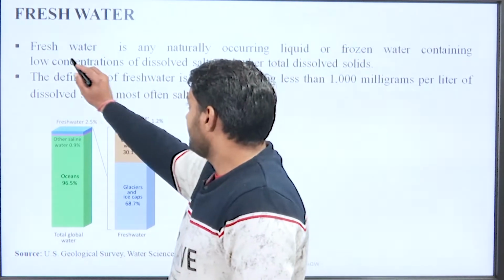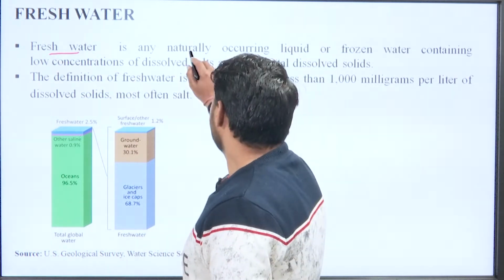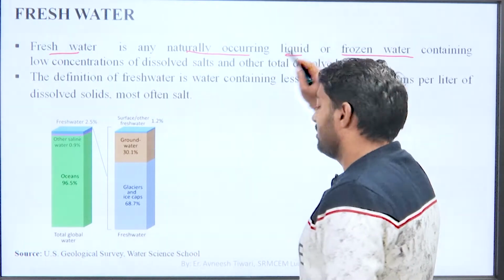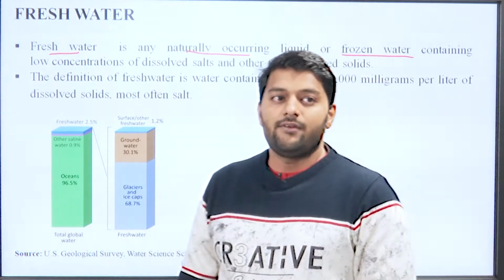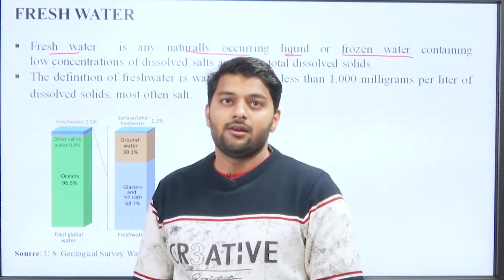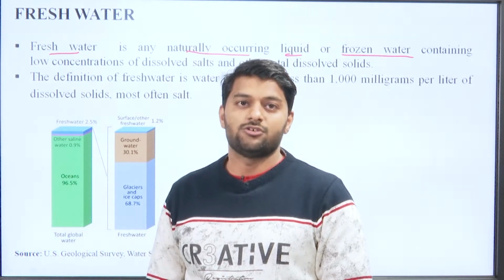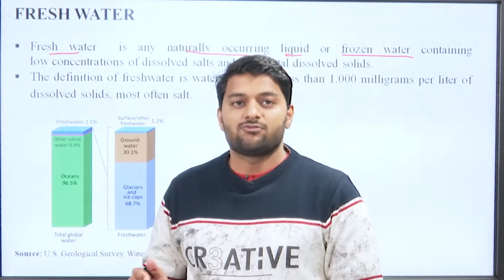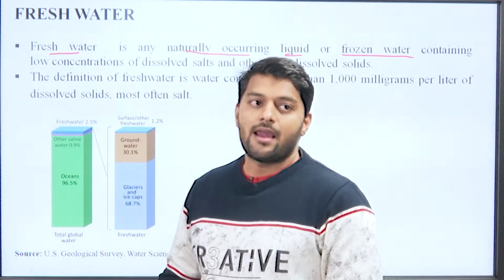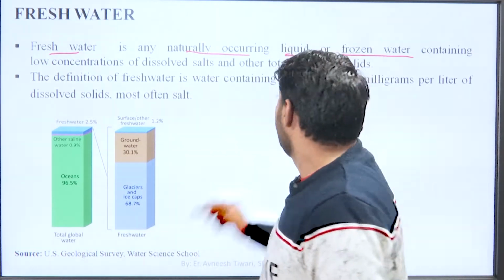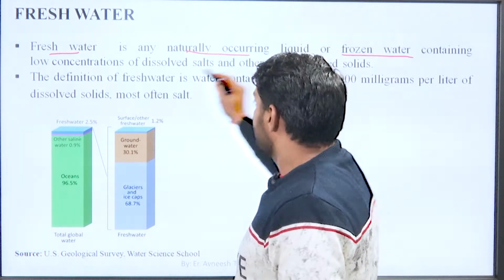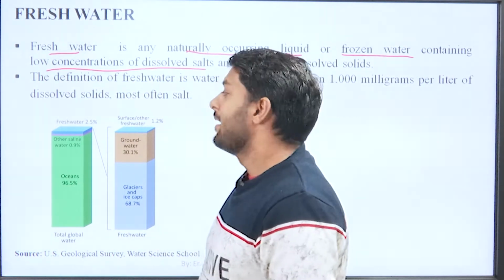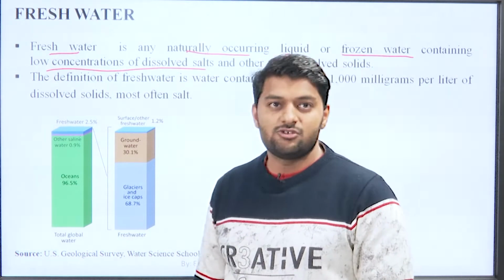Fresh water is a naturally occurring liquid or frozen water. What does it mean? It occurs in liquid form as well as frozen form, and the criterion which separates it from other water is the amount of solids, as it contains a low concentration of dissolved salts. What will be the concentration of these solids?